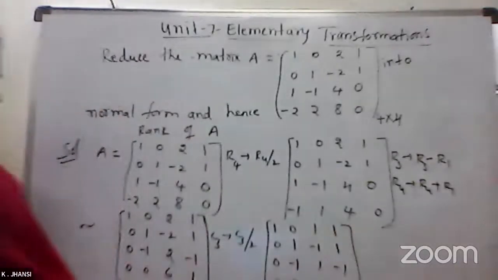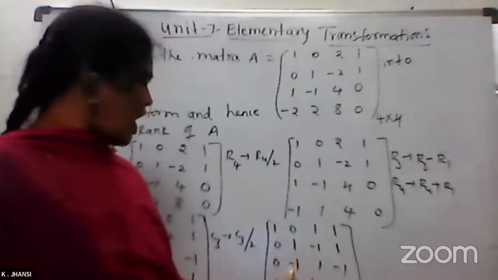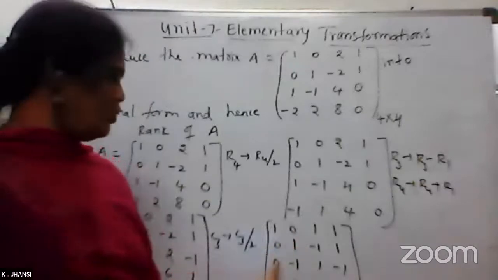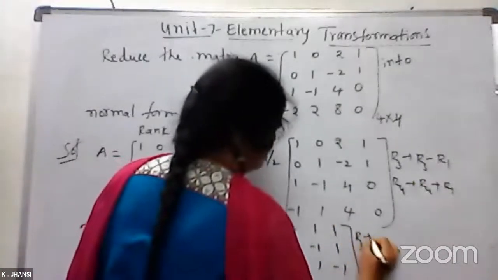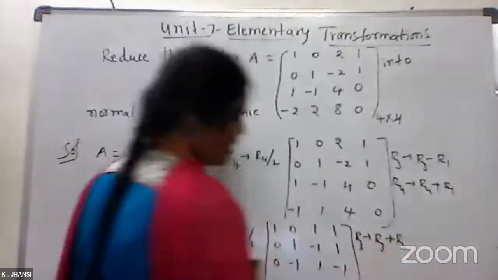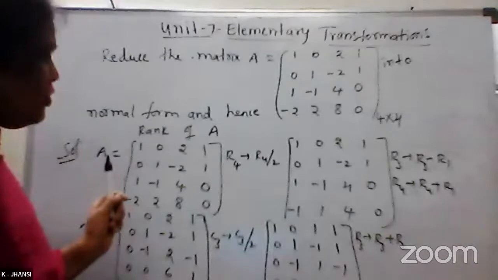Okay. So now if you add these two, R3 and R2, you will get this whole row as 0, no? So R3 is R3 plus R2. So what will you get?